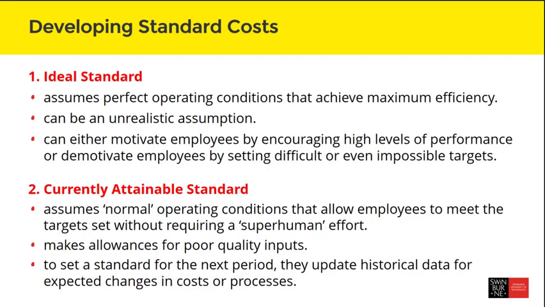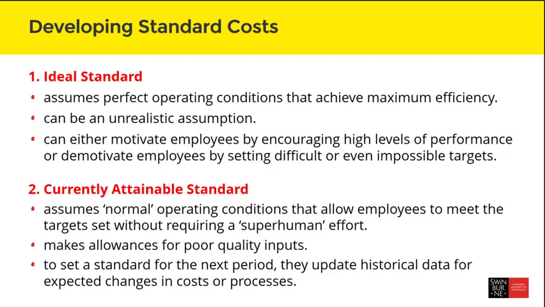With this type, you incorporate some consideration that people are not always superhuman, so you allow some errors. You allow that maybe there are machine breakdowns in between. You will also make allowance for some poor quality inputs.